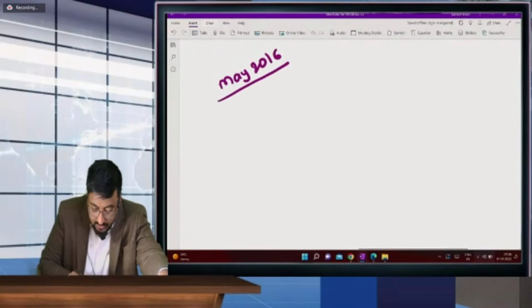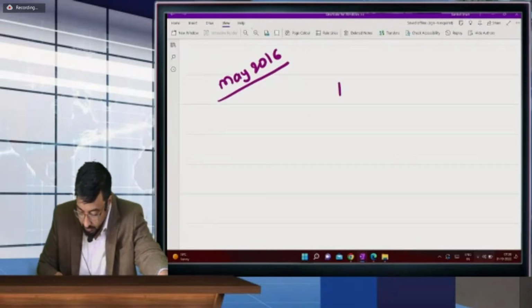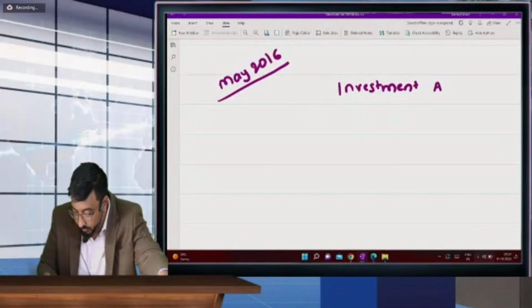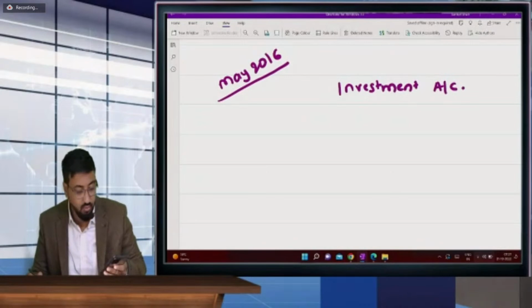May 2016 answer. Investment account. Write down investment account. Tell me the columns, beta. Come on, tell me the columns quickly in the comment section. No beta, change 18 July to 1st July.